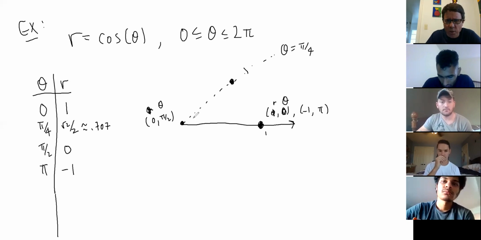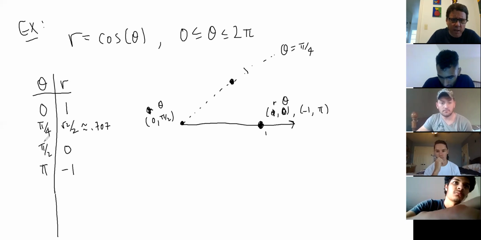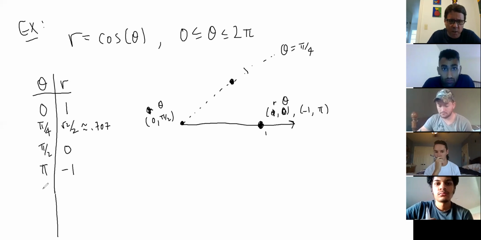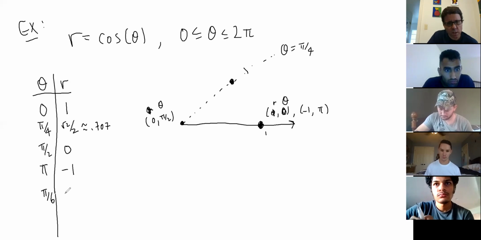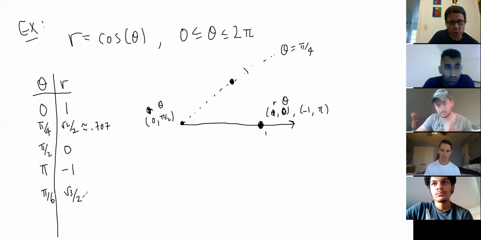So I need to actually put in a few more values. I don't think I have room, but maybe I'll just put them down there. So pi over 6, so 30 degrees. Cosine of 30 degrees is square root of 3 over 2.